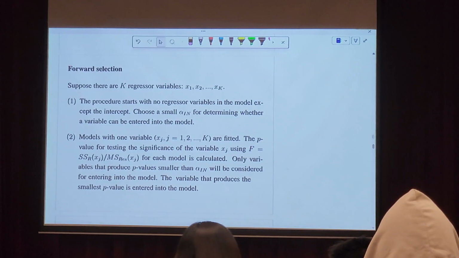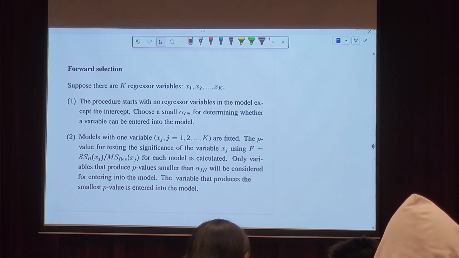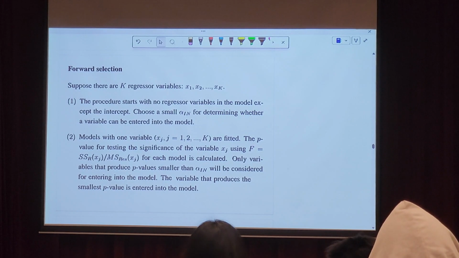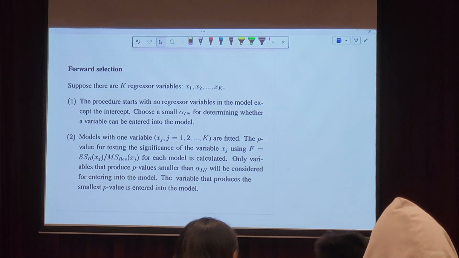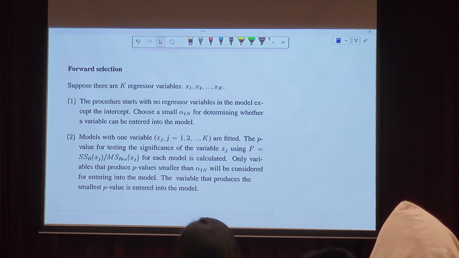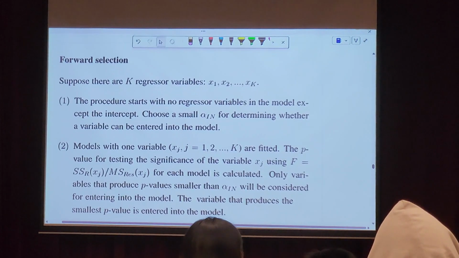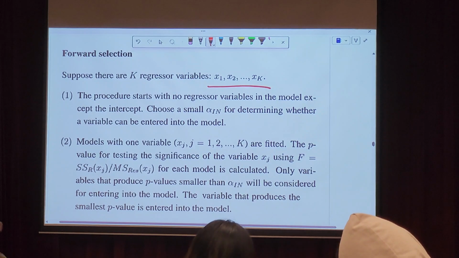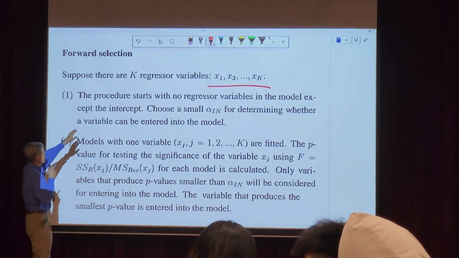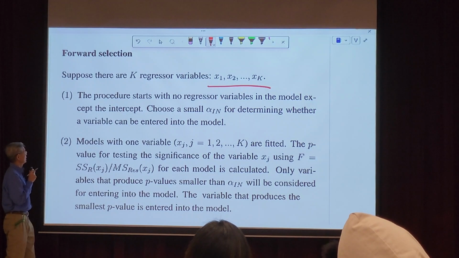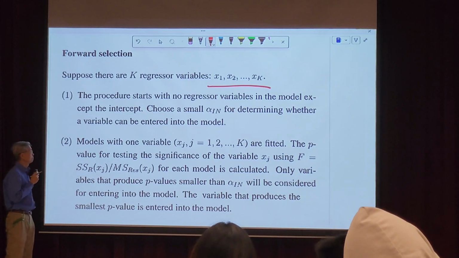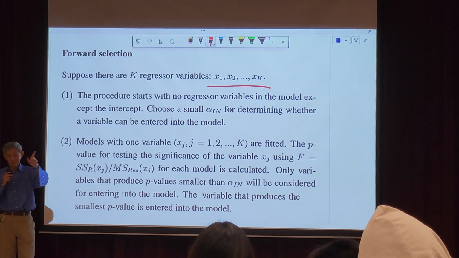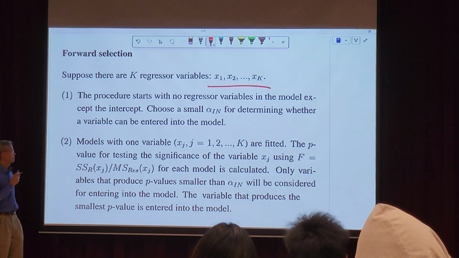So let's start with forward selection. Suppose I have k regressor variables. Okay? So that's what we have, k regressors. And the first model that I consider is no regressor, just beta not.